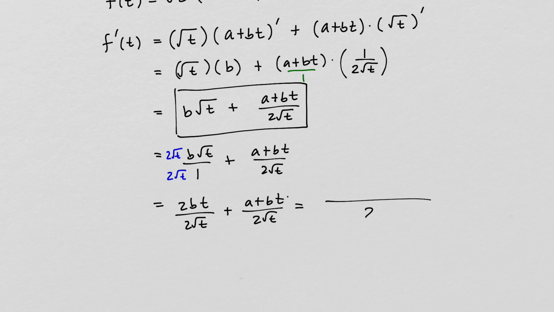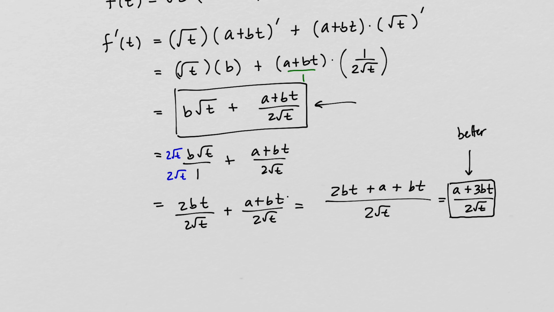And now I have a common denominator of 2 radical t, and I have 2b times t plus a plus 1b times t. And I can simplify this into a plus 3bt divided by 2 radical t. Okay, now, again, both of these answers are acceptable, but sometimes this second answer is a little bit better.